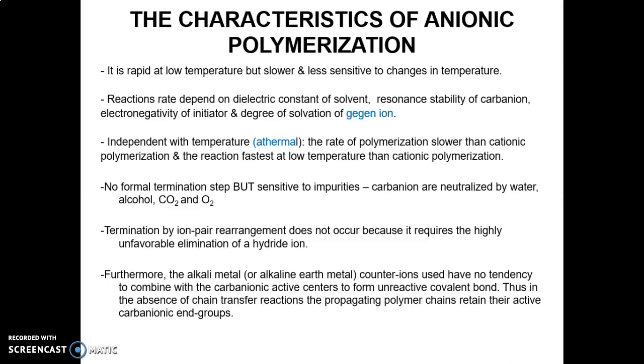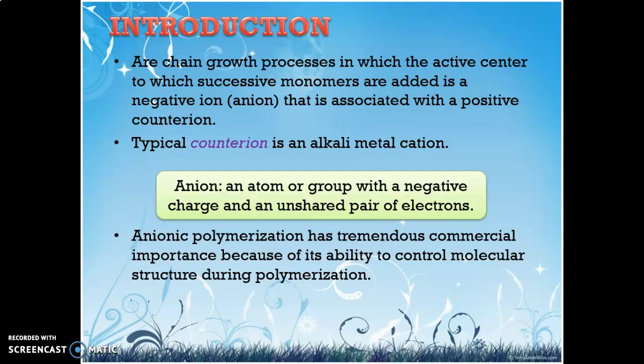Furthermore, the alkali metal counterion used has no tendency to combine with the carbanionic active center to form an unreactive covalent bond. Thus, in the absence of chain transfer reaction, the propagating polymer chains retain their active carbanion end group. So for me, anionic polymerization is easier compared to free radical.